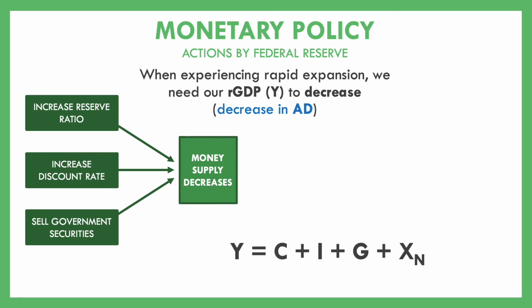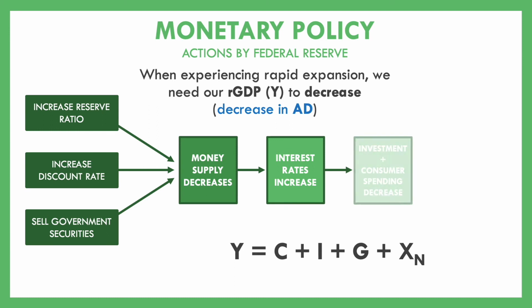Now, as our money supply decreases, there's less money out there in general. And that causes the price of money, the price to borrow money, to go up. Interest rates will increase. As interest rates increase, it's more expensive for people like you and me or for businesses to borrow money. So maybe people will hold off on buying a new house, or they'll hold off on buying a new car, or companies will hold off on building a new factory.